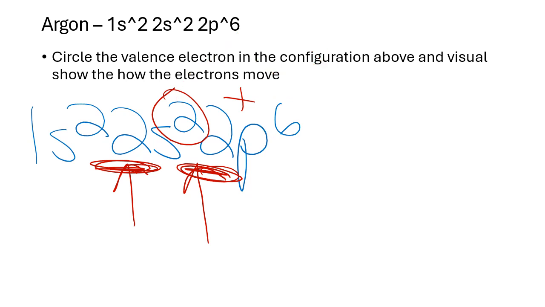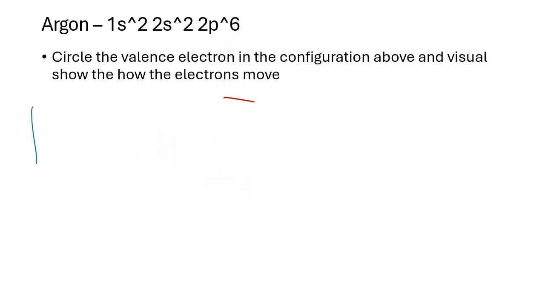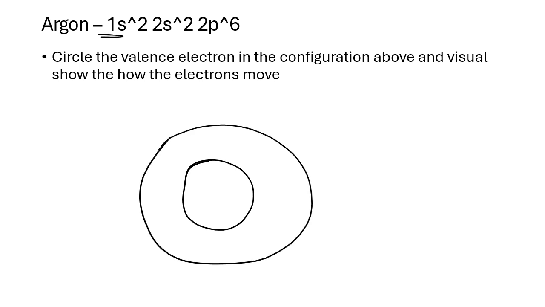The other thing I'm going to do, but it's for extra credit, is to draw how this would look. This would be an extra credit question. So s is circular, and the front number is which orbital it's in. That is 1s2. Then we got 2s2, another circular orbital, and then 2p6. Since that front number is a 2, we know that it's in the same orbital.